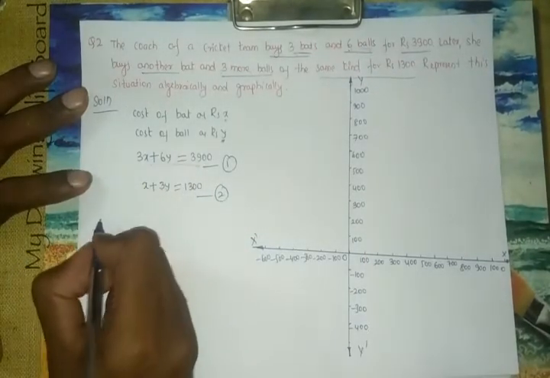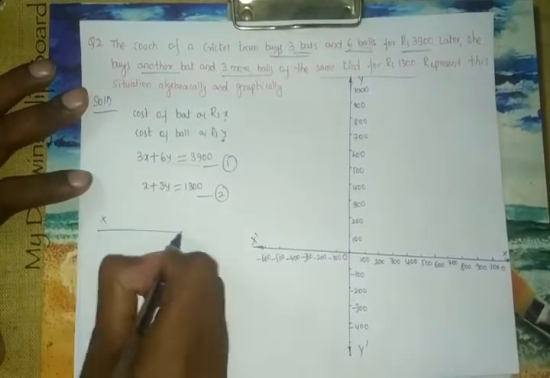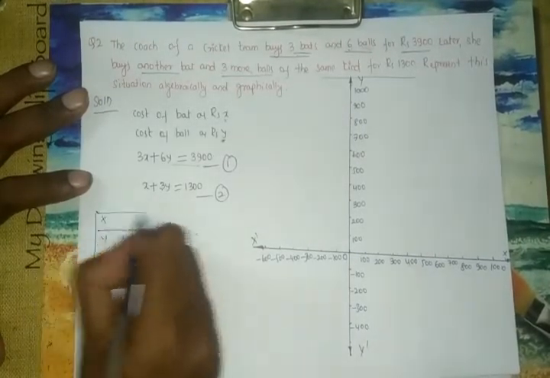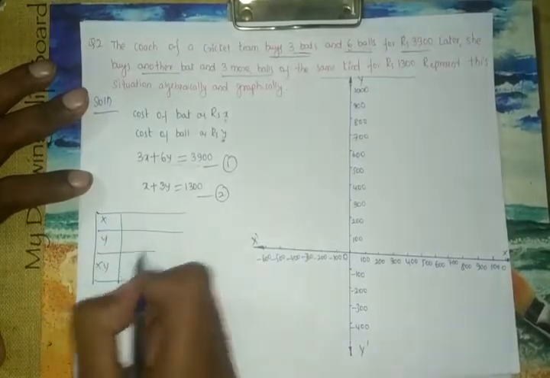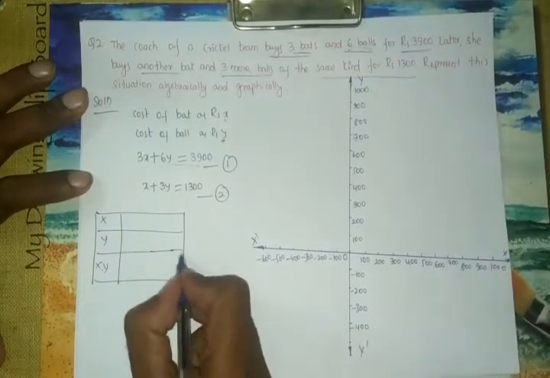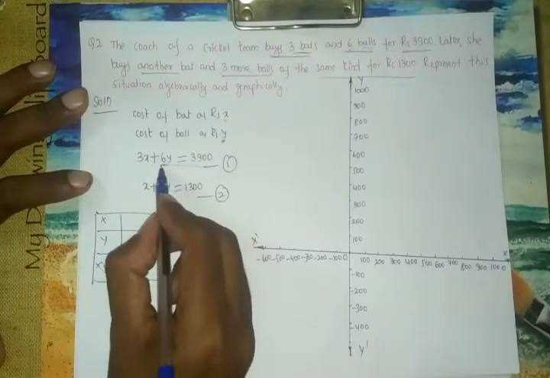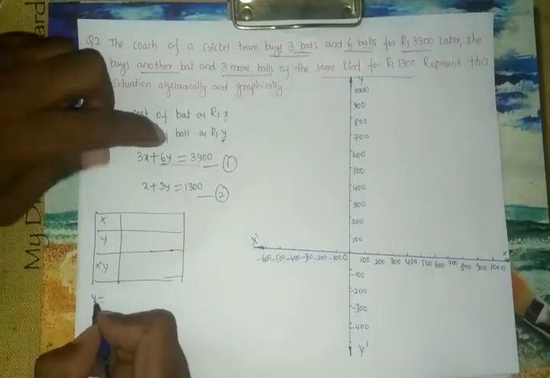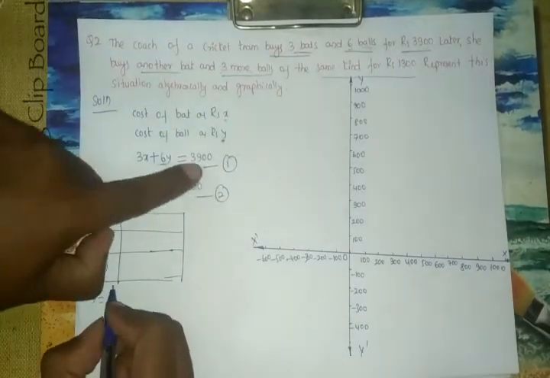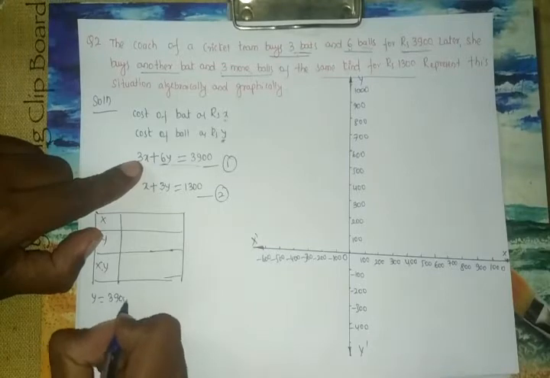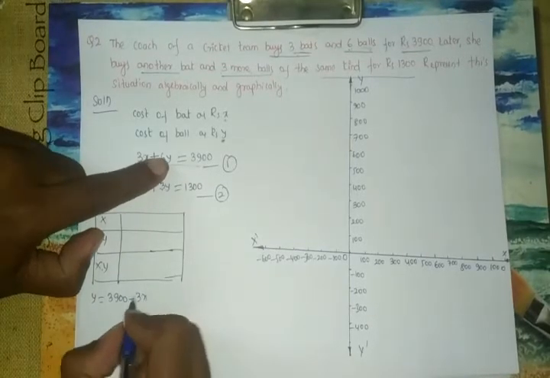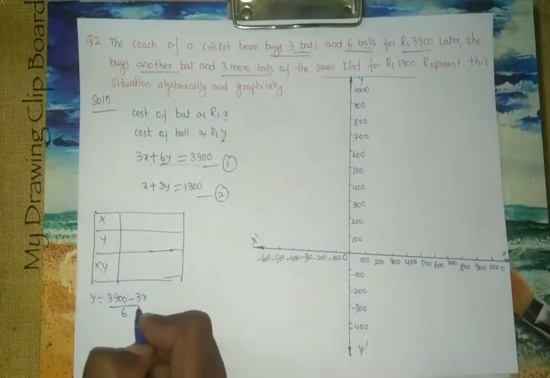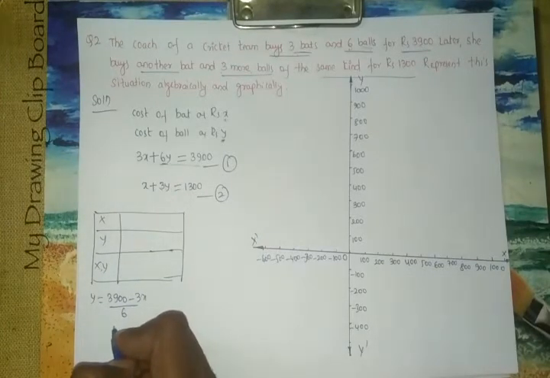So I will write x, y, x comma y, and I will try to get y in terms of x. When I send 3x to the RHS, it will be minus 3x and divided by 6. So y equals 3900 minus 3x divided by 6.